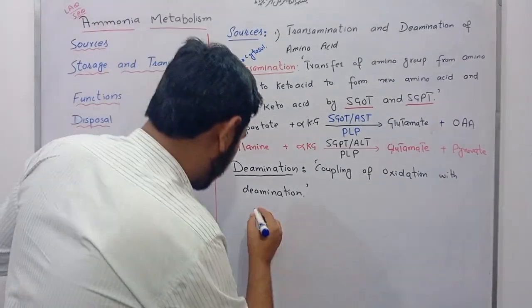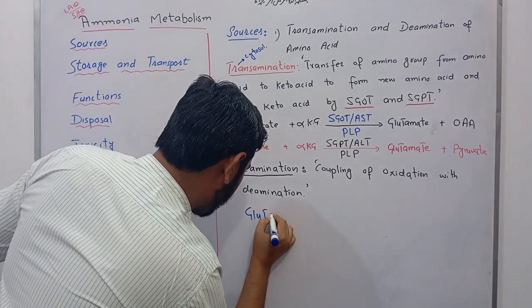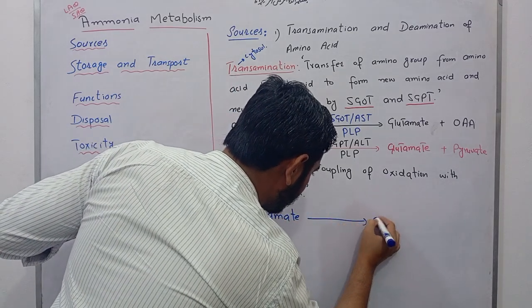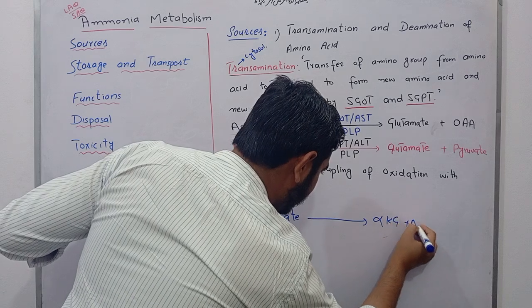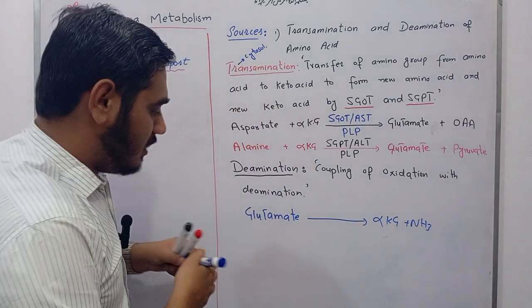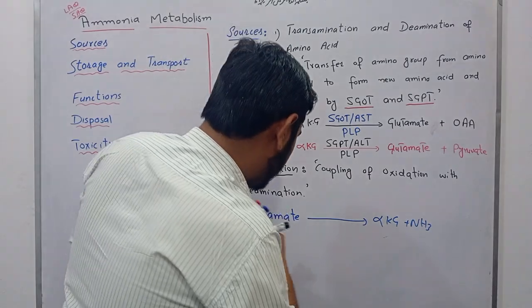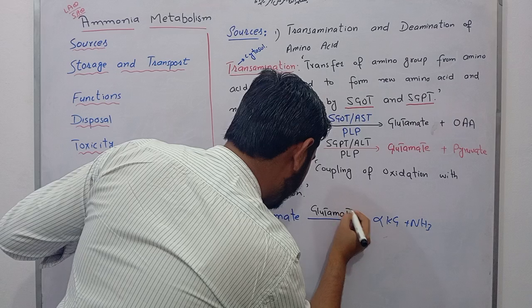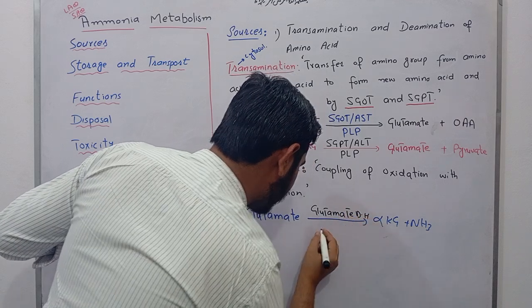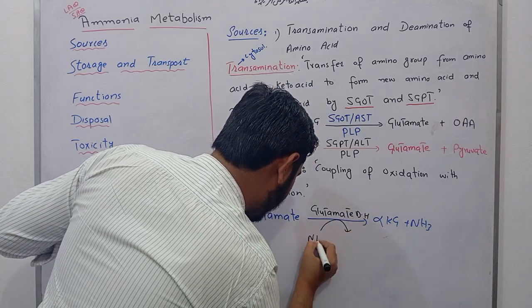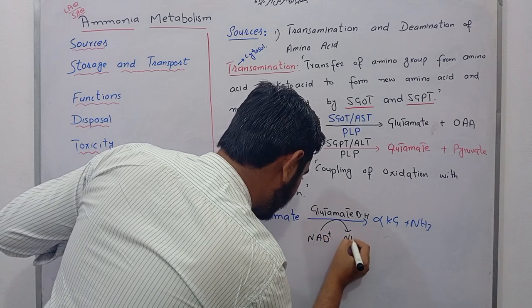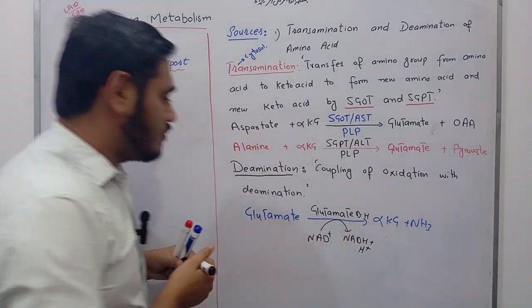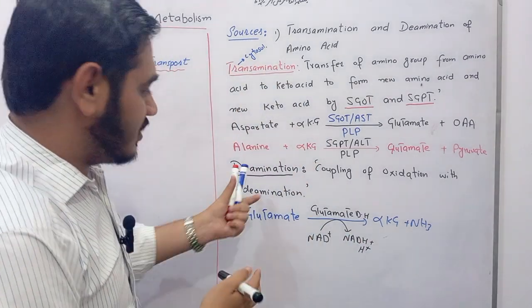This is the glutamate. This glutamate converts into alpha ketoglutarate, and there is removal of ammonia with the help of glutamate dehydrogenase enzyme, and here NAD plus converts into NADH and H plus. So this is the oxidative deamination process.